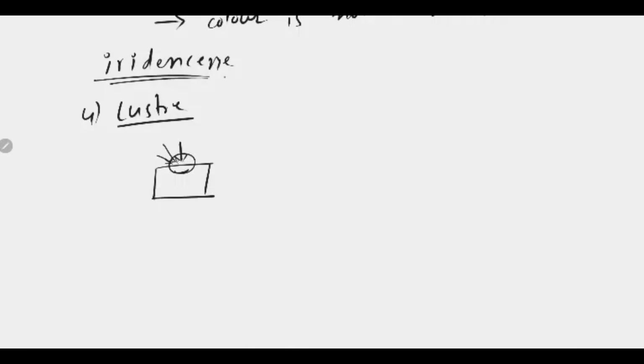It is independent of the color of the mineral. It does not depend on the color of the mineral. It depends on the reflection of the mineral. Okay. There are some lusters, for example, adamantine.